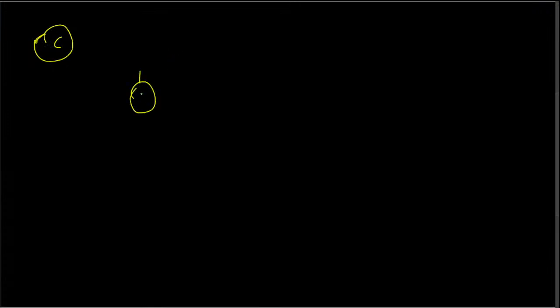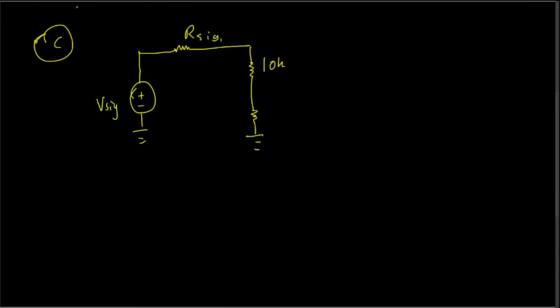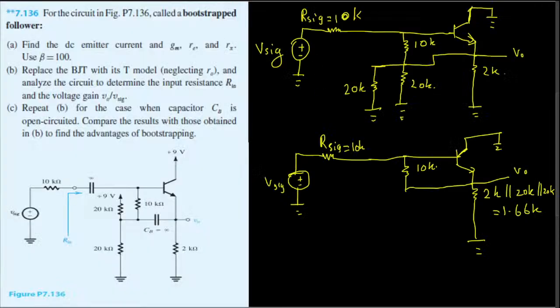First we have the vsig right here, and this is the Rsig, and here we have a 10k ohm resistance. You look at the circuit right here: this is vsig, this is our Rsig, and the 10k ohm resistance is connected to these two resistances. When it's an AC signal, this is not going to be 9 volts anymore, it is going to be connected to the ground.